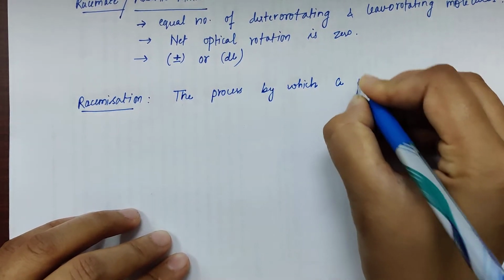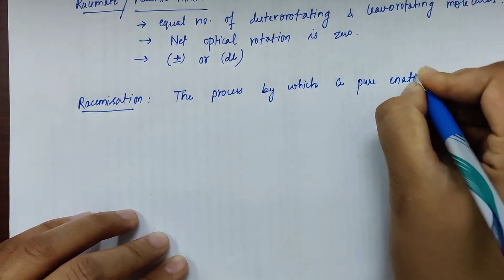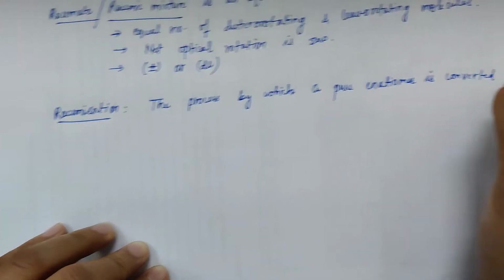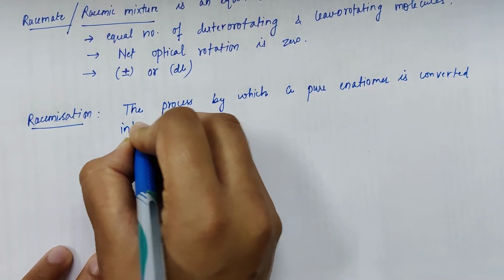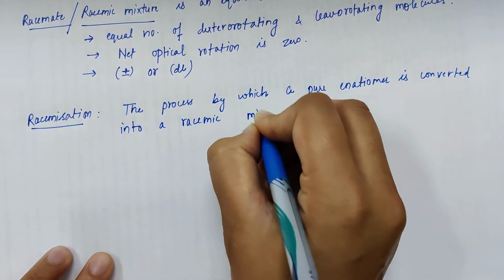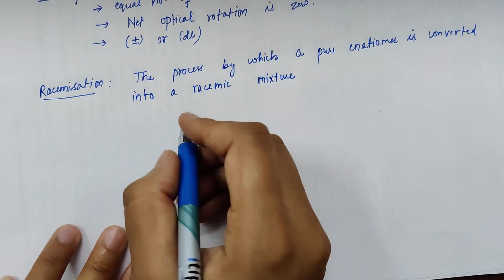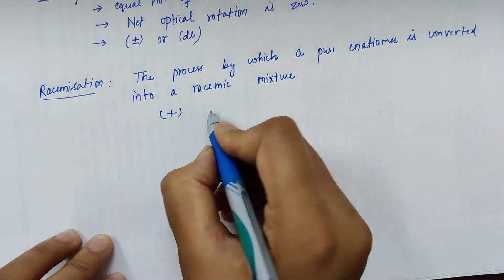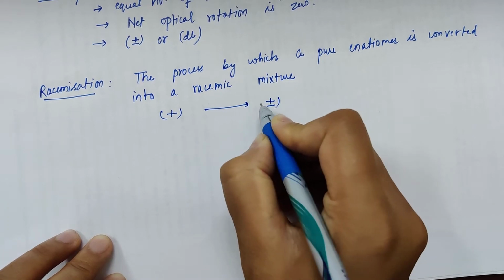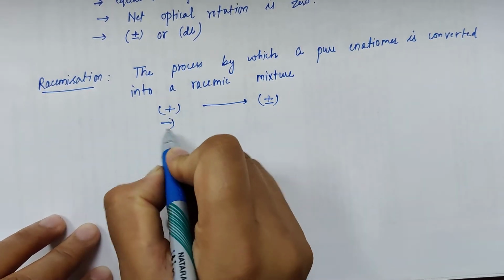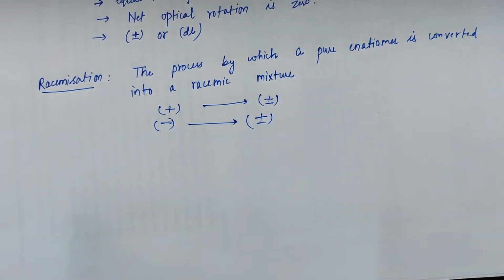Or in symbolic form you can write, if you have a plus enantiomer, it will be converted into an equimolar plus minus mixture. Or if you have a minus enantiomer, that is also equally converted into plus and minus.